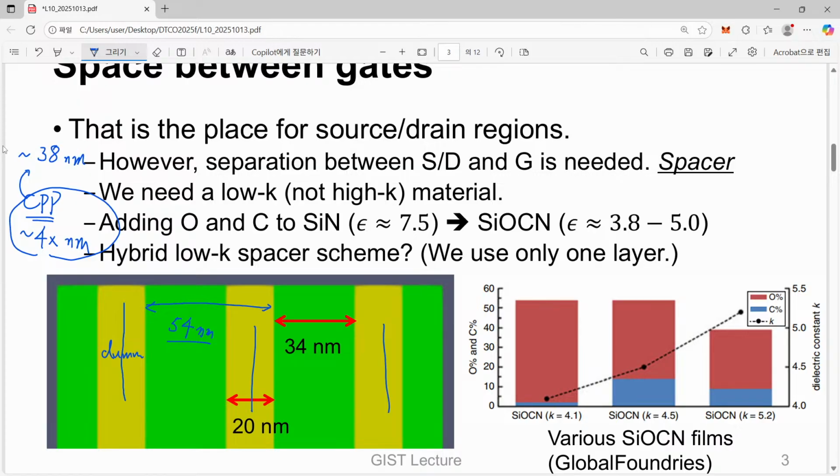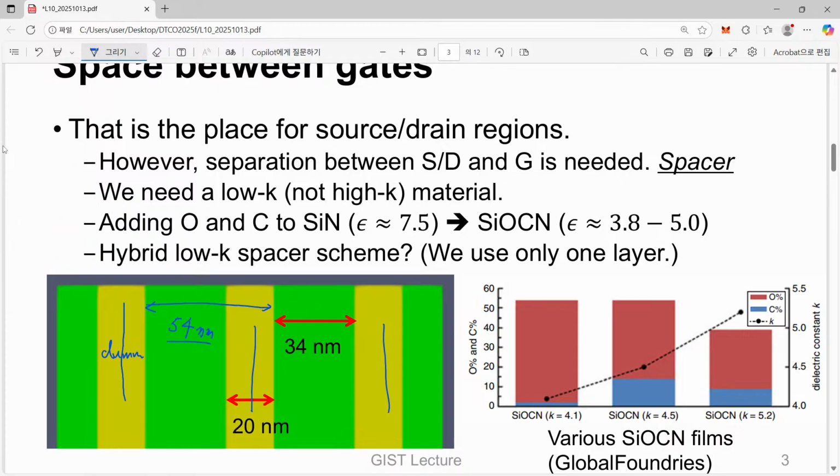So 40 something and 38, in terms of length scale we have only one generation ahead, away from the ultimate limit of CPP scaling. So that will be the ultimate number.